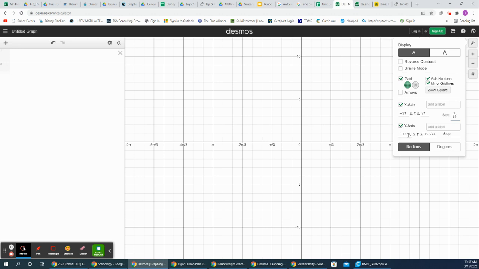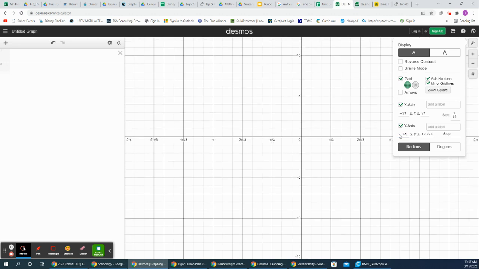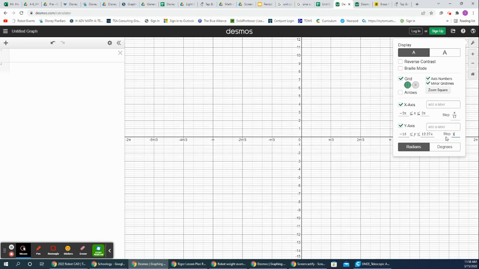For the y-axis, let's do negative 15 to 15, and we'll go in increments of 1. And again, let's make sure that we are in radians. And we're ready to go ahead and start.